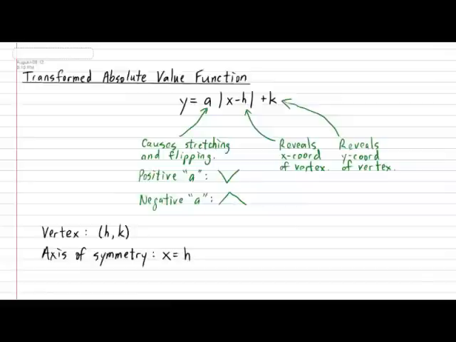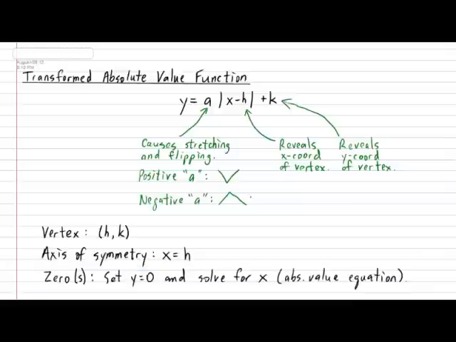The next clue that we'd like to have to draw a decent graph are the zeros, if any. And to calculate the zeros, the calculations are identical to how they are done in any other function. Specifically, all we have to do is set the value of y equal to 0 and solve for x. Except in this case, we're solving absolute value equations.